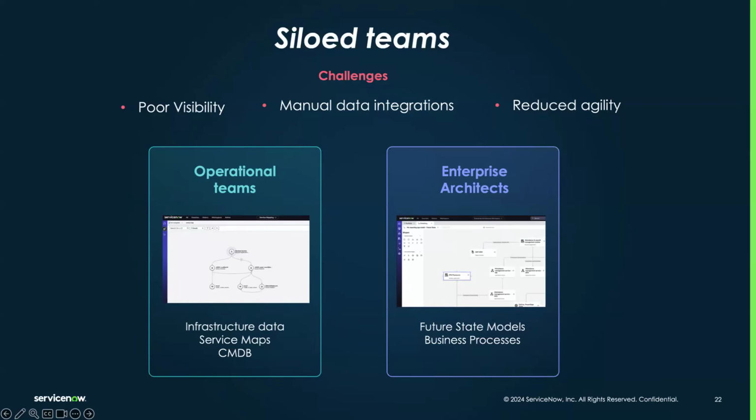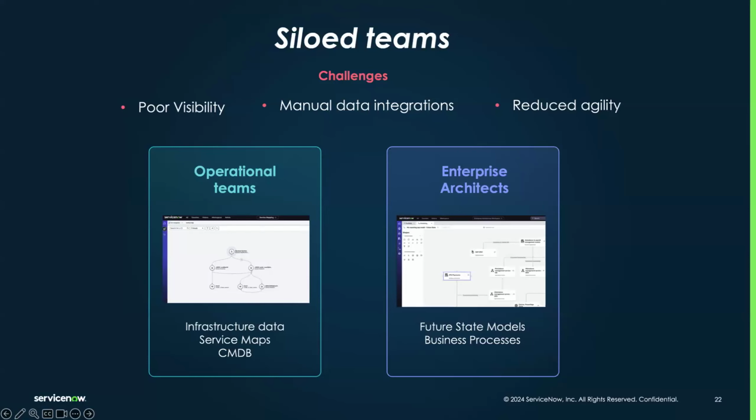Without this coordination, maintaining consistency across different parts of the organization becomes really challenging. For example, oftentimes operational practices might evolve without alignment with the overarching architecture, and this could lead to fragmented systems and processes.